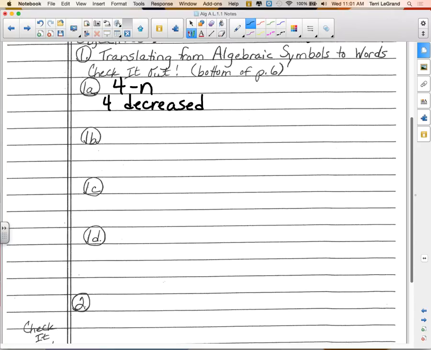What I care about is that you can come up with the words. So we'll let the variable stay what it is, and we'll let the number stay what it is, but we're going to replace that operation with some words. So 4 decreased by n. I want us to challenge ourselves to using the words less than. How would we write it if we were to use the words less than?